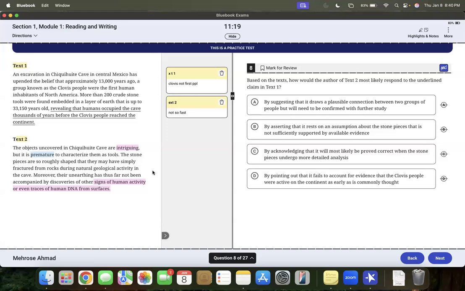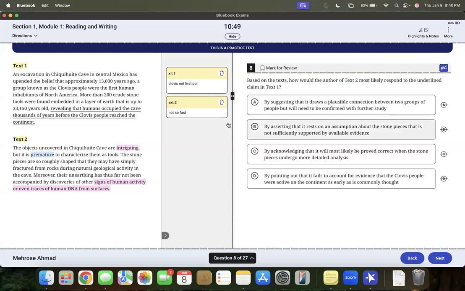The second sentence further supports this: there are no other signs of human activity, not even DNA traces. So text two is saying, whoa, let's slow down here. Text one, on the other hand, is saying this discovery has changed the entire discussion of the Clovis people. Now we go to the question: how would the author of text two respond to this claim?